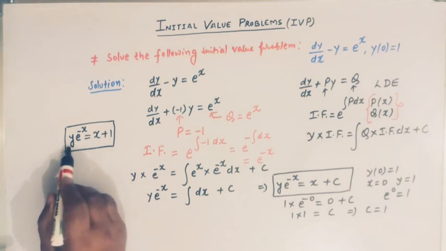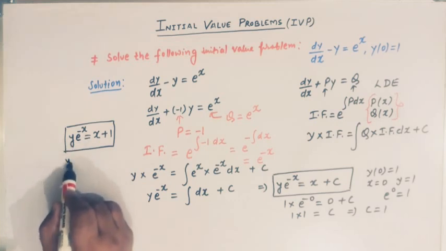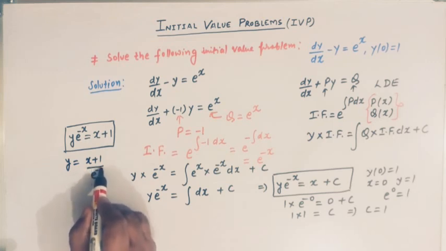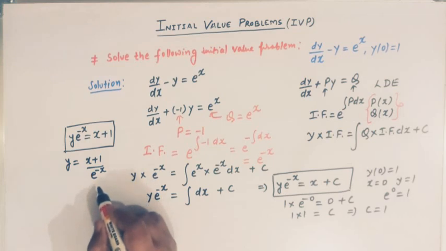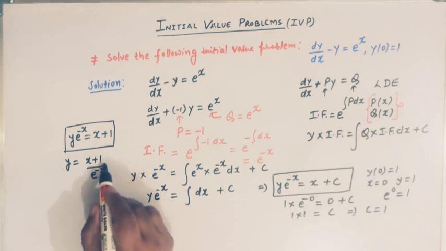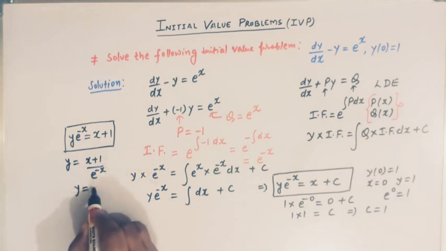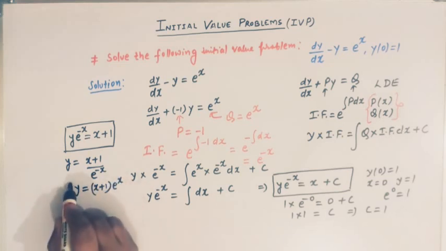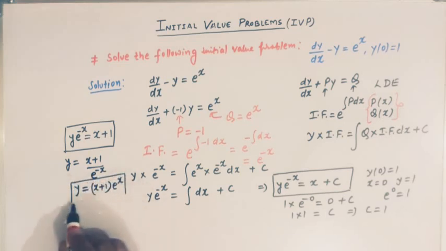Now we can also write this solution as y is equal to x plus 1 over e raised to minus x, and taking this e raised to minus x to the numerator, we can write it as x plus 1 times e raised to x. So the solution can also be represented like this.